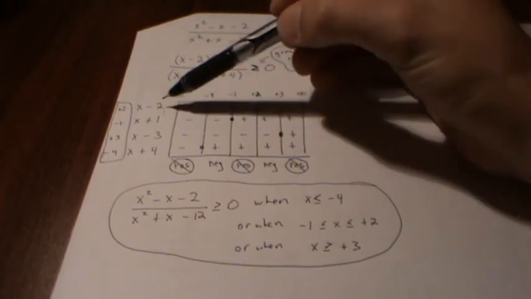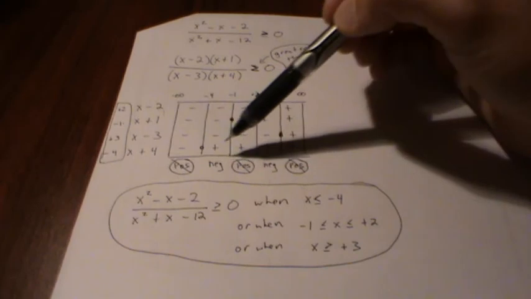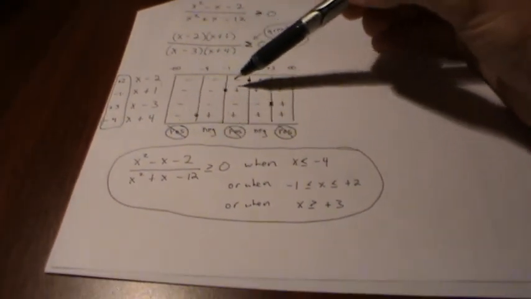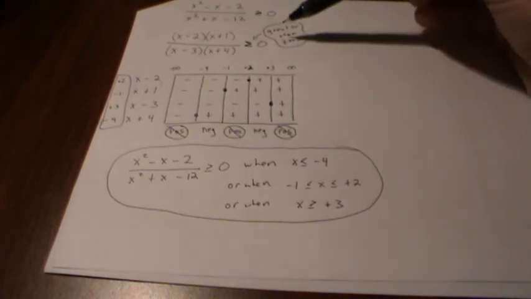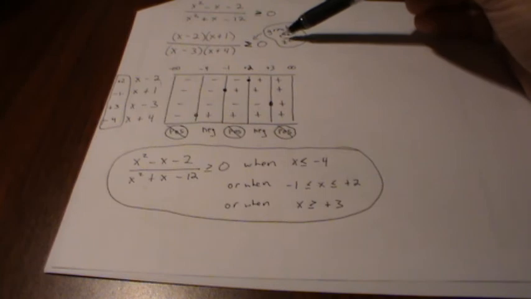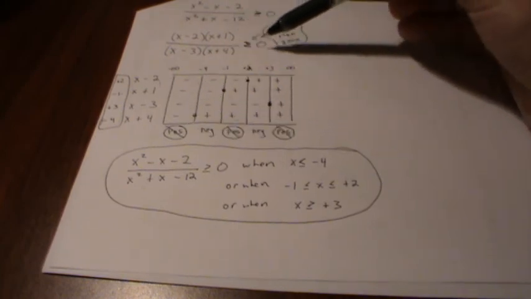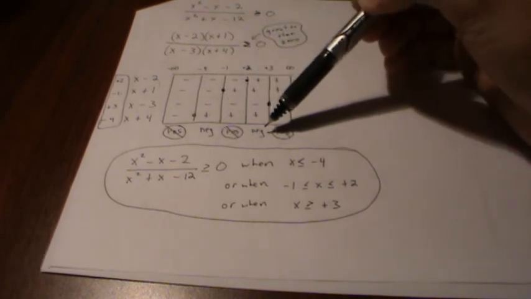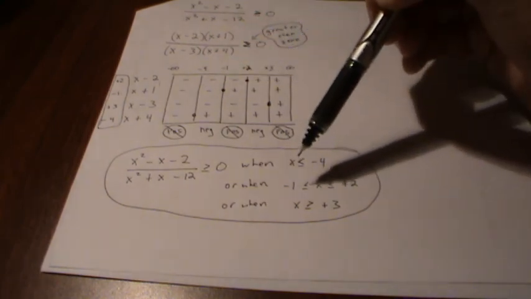Then you write your factors here. You put dots on your zeros, fill out your chart, and then get the positive and negative intervals. Reference whether you're looking for greater than or less than. If you're looking for greater than, you take the positive ones, less than, you take the negative ones, and then you write down these intervals as your result.